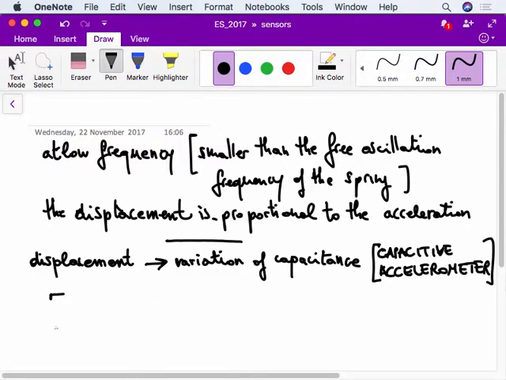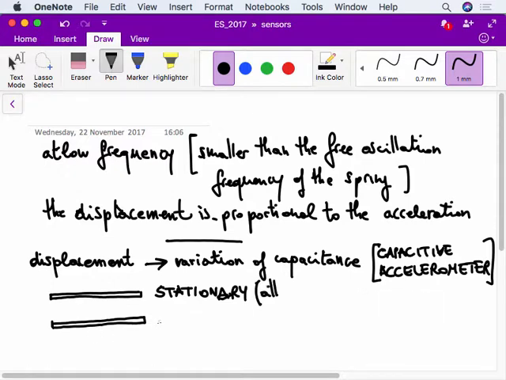So basically what we have is the following thing. We have a capacitor, a parallel plate capacitor, in which one plate is stationary, so it is at a fixed position. We have a stationary plate, and the stationary plate is, let's say, attached to the case.